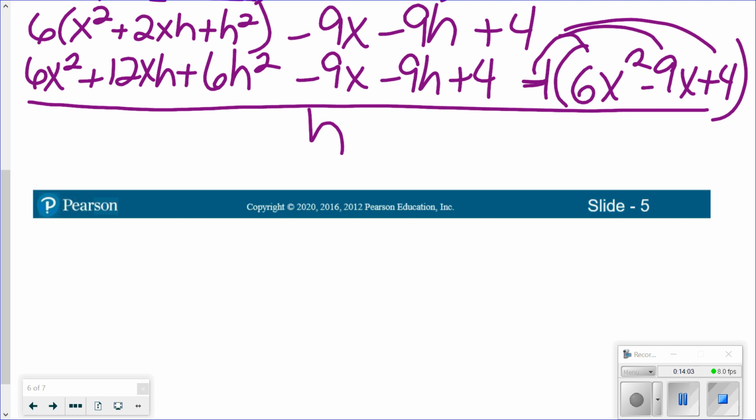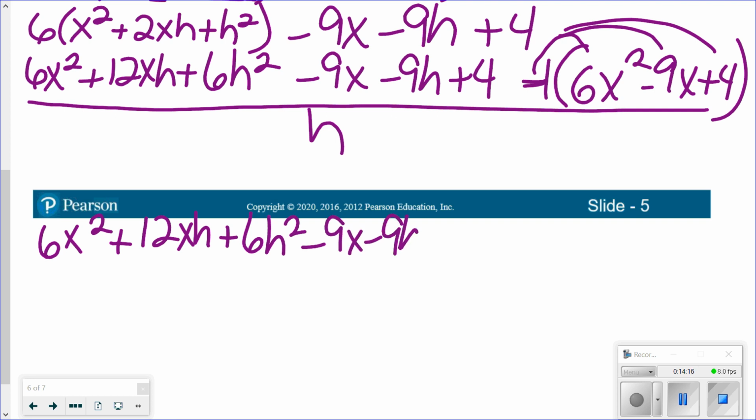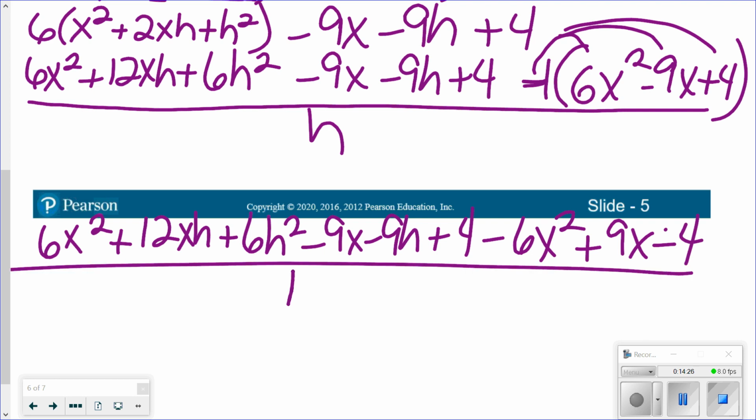Okay, so let's go ahead and rewrite this whole thing. We have 6x squared plus 12xh plus 6h squared minus 9x minus 9h plus 4 minus 6x squared plus 9x minus 4, and all of that is over h.